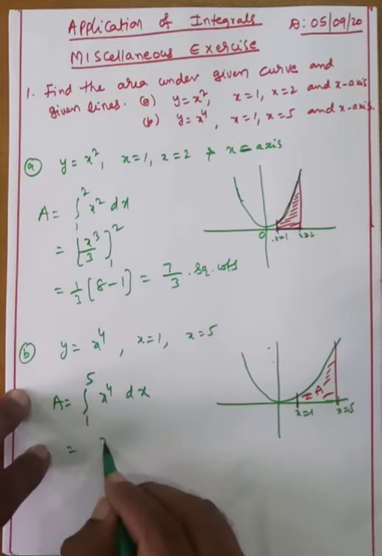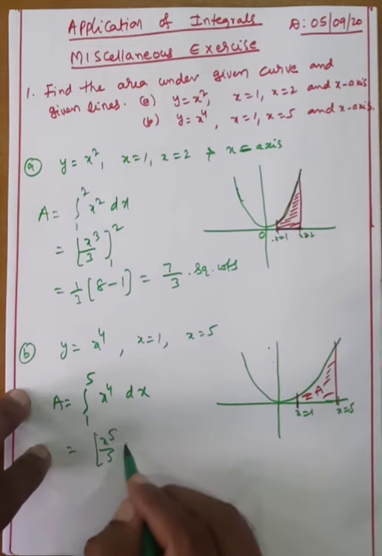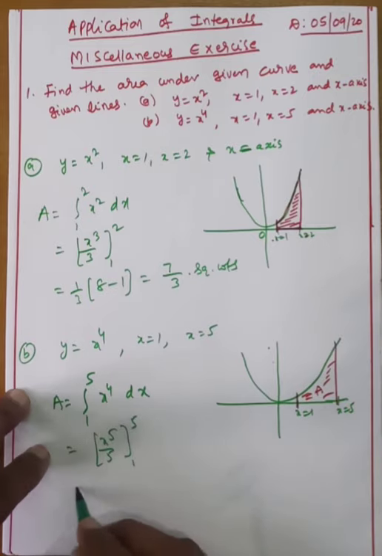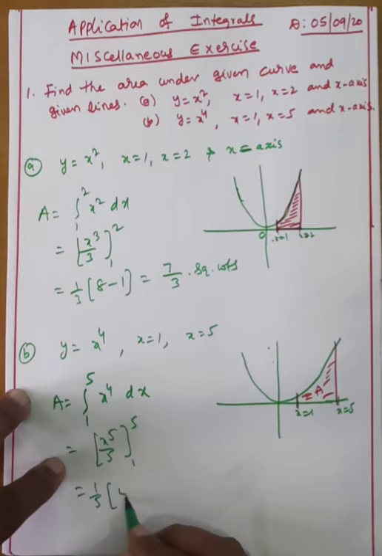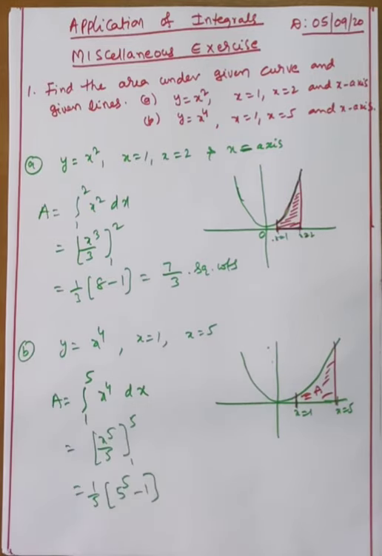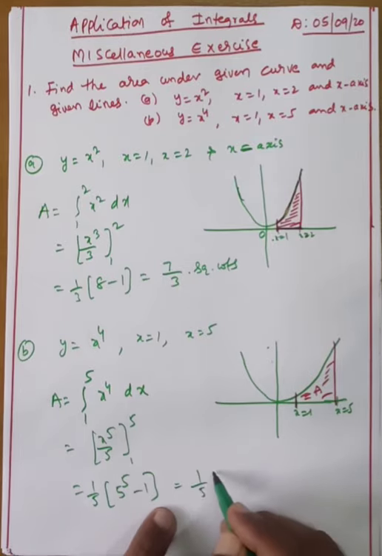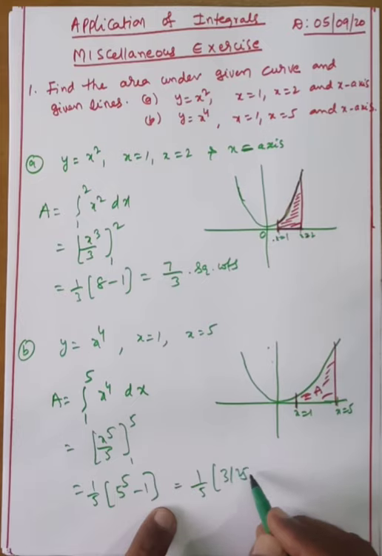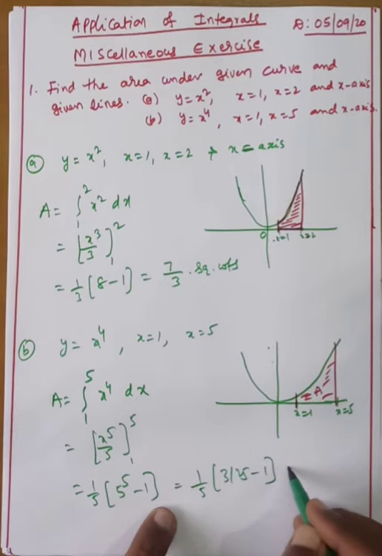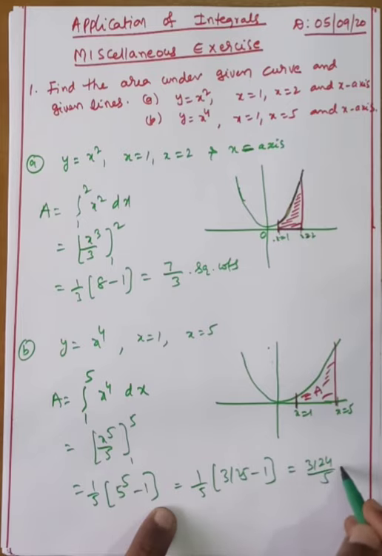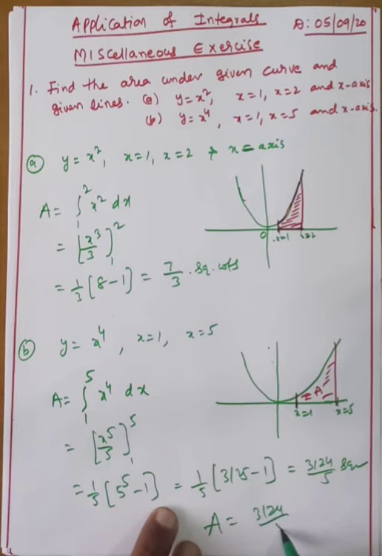Now x power 5 by 5, limits 1 to 5. 1 by 5 is the constant. 5 power 5 minus 1. 5 5s are 25, 125, 625, 3125. 5 power 5 is 3125, minus 1. That is equal to 3124 by 5 square units. Now the area is equal to 3124 by 5 square units.